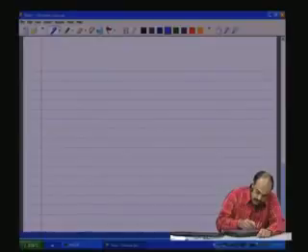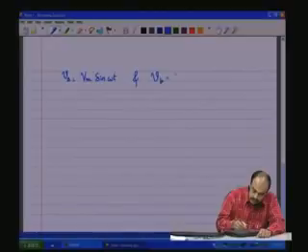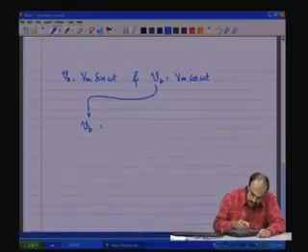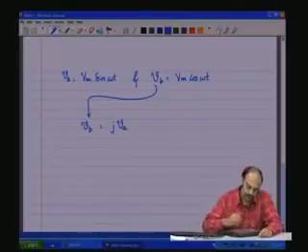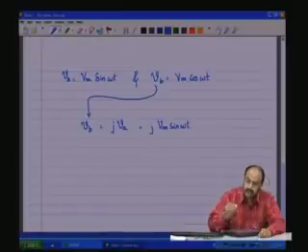So, therefore, if we have VA is equal to Vm sin omega t, and Vb equal to Vm cos omega t, we could also say that Vb is equal to j VA, which is equal to j Vm sin omega t.